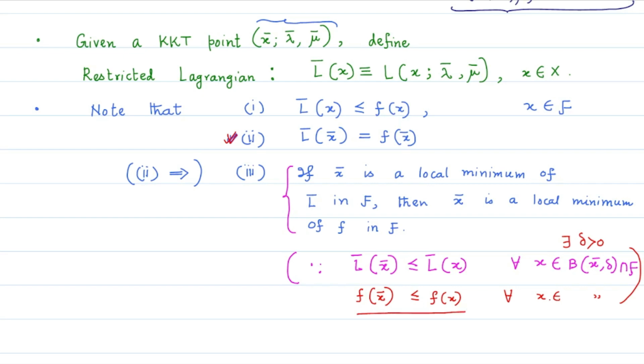This inequality is true inside this local neighborhood of the point x bar, and hence the point x bar is a local minimum of f inside the feasible set capital F.